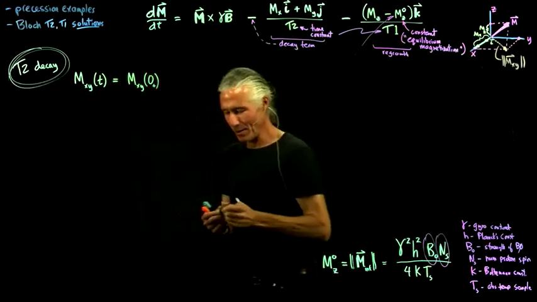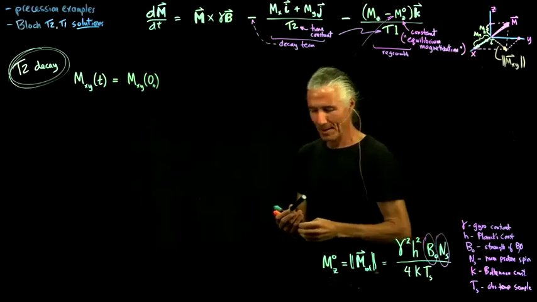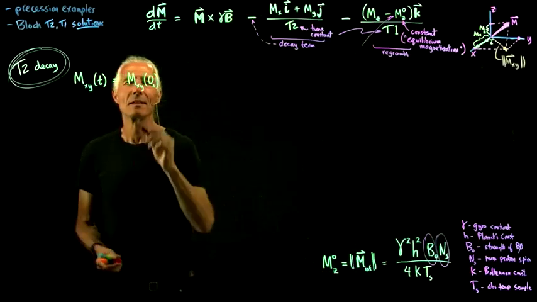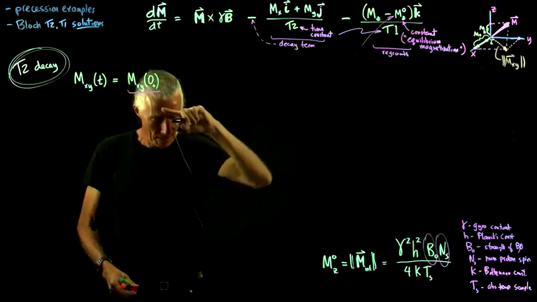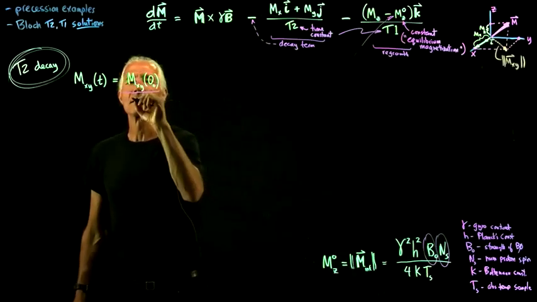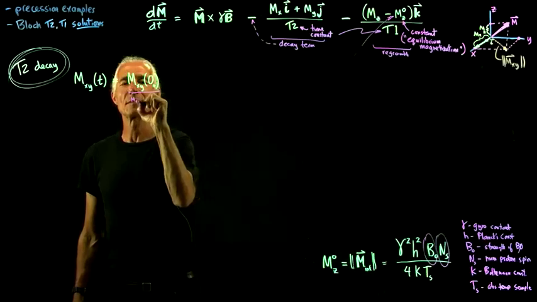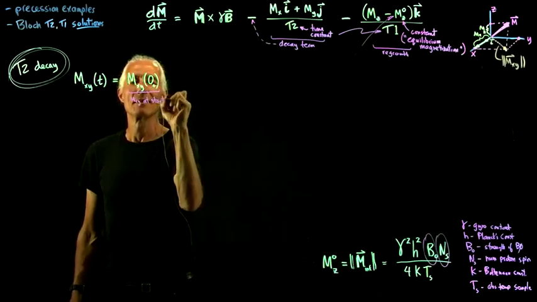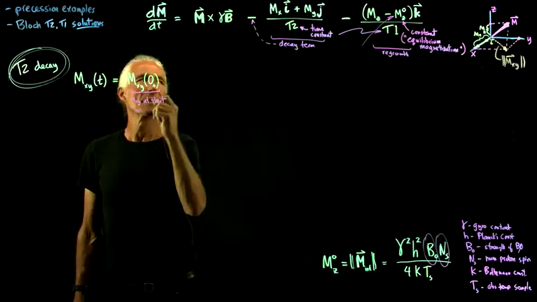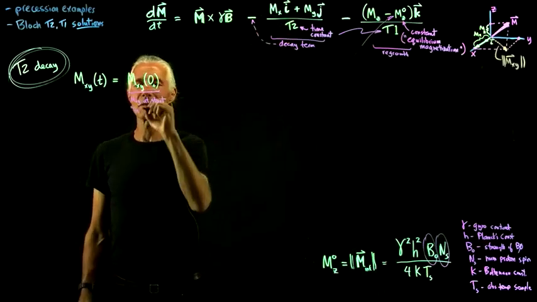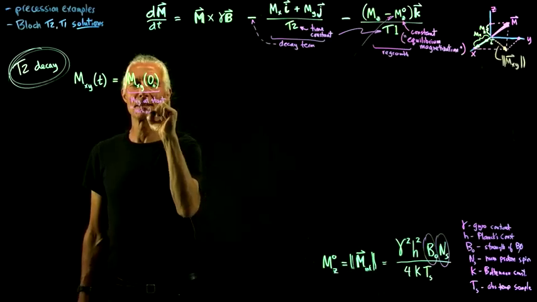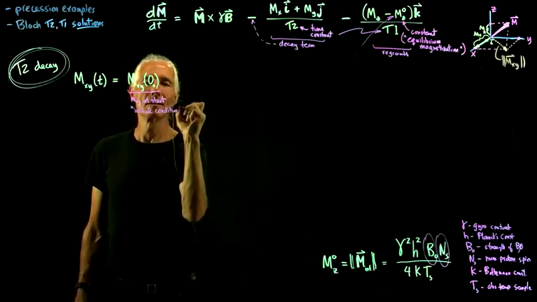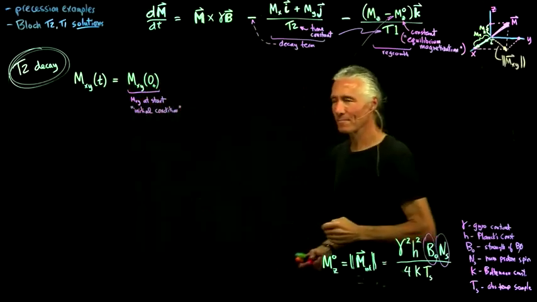It's a single number. This is basically Mxy at start. It isn't in this equation up here. This one's called an initial condition, and we'll show where it comes from next time.